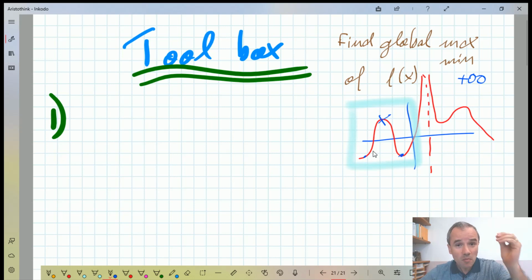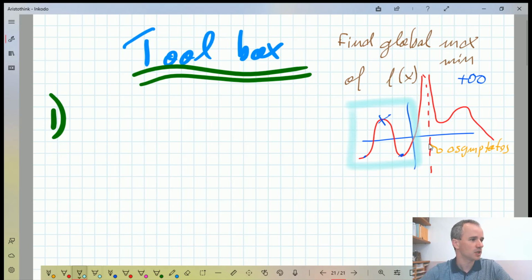So what are the most important things we need to set when given a function and we need to calculate the global maxima and minima? We have to account for asymptotes. This is very important. So, asymptotes. And then we have to account for those points in here.